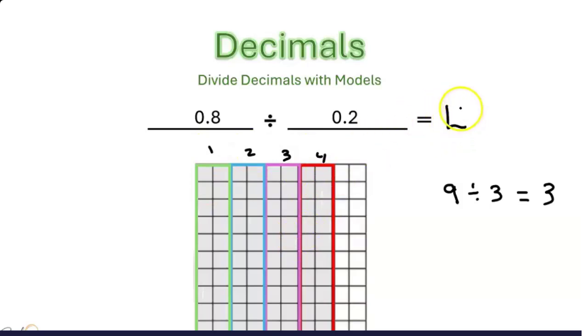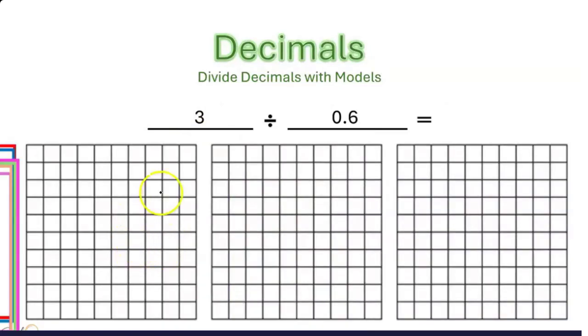So your answer is 4. Okay, so there's 4 2/10 that will go into 8/10. So 8/10 divided by 2/10 is 4. I know it doesn't look right, but you can see that it took 4 of the 2/10 to cover 8/10.